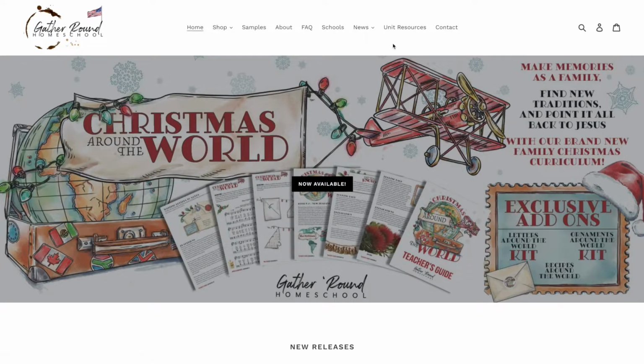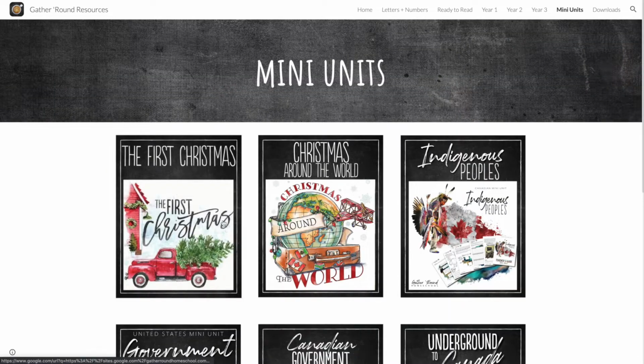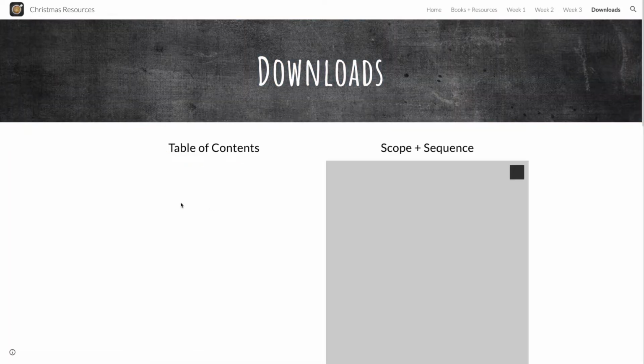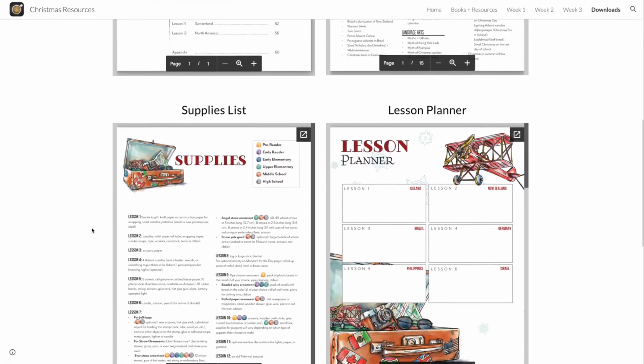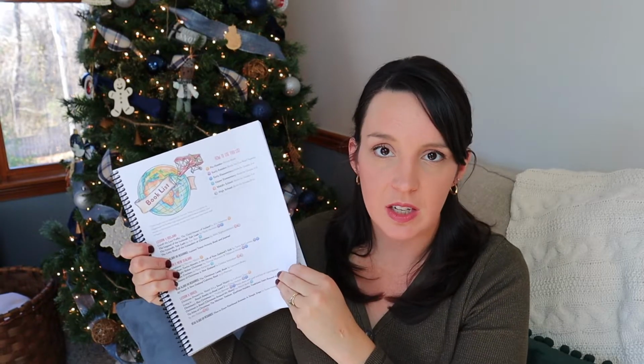They're also available on the Gather Round website to download for free. So I did go ahead and download those pages as well, and added them to the notebook just so I could have it all in one place for myself. So I added the suggested book list, the supply list, and the teacher planning pages.